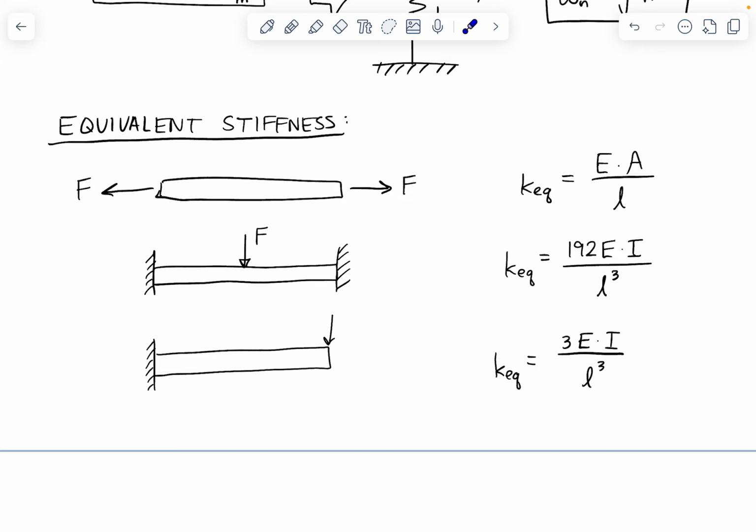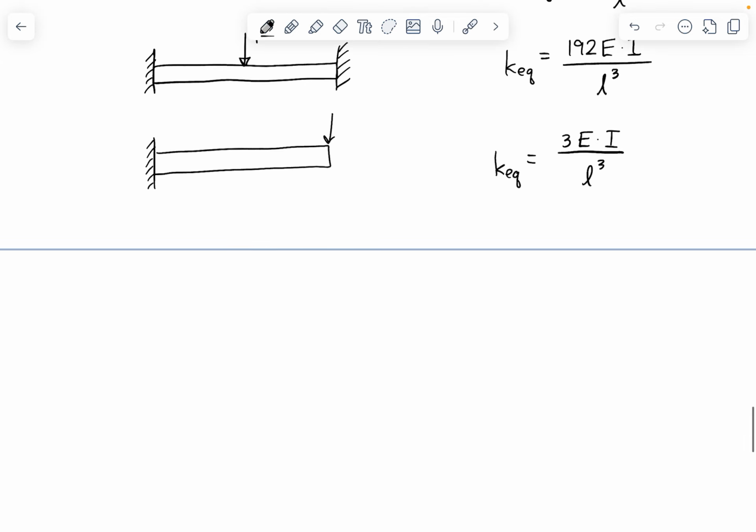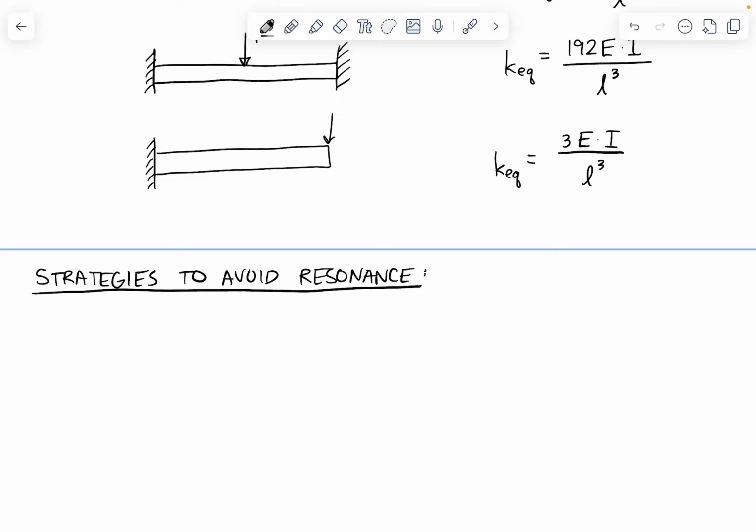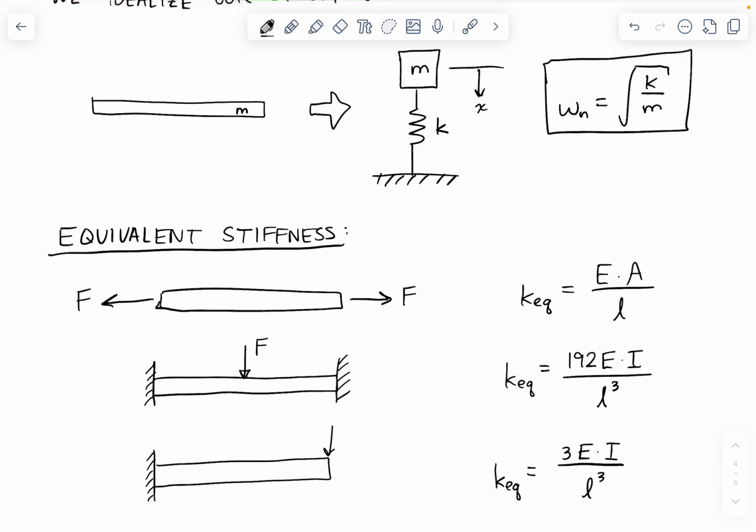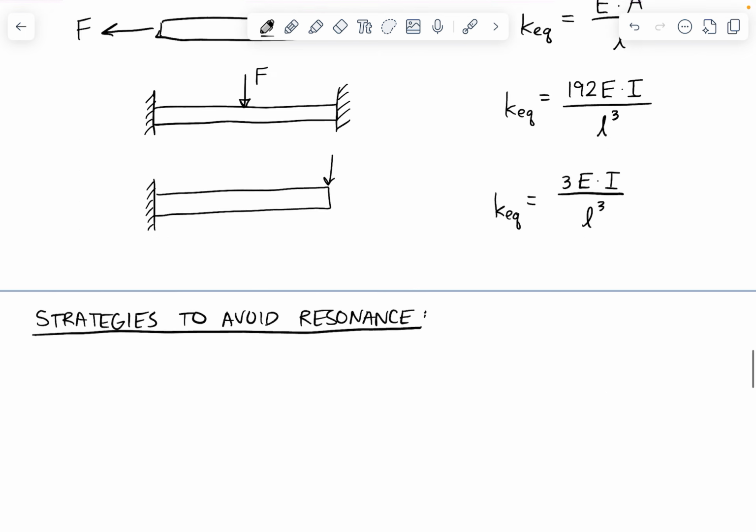Okay, so with that, just a couple strategies we can use to avoid resonance. With these equations, you will be able to work out the natural frequency of a shaft.